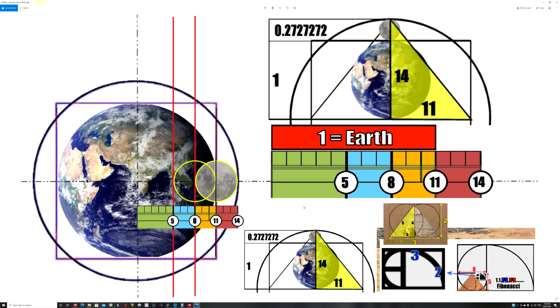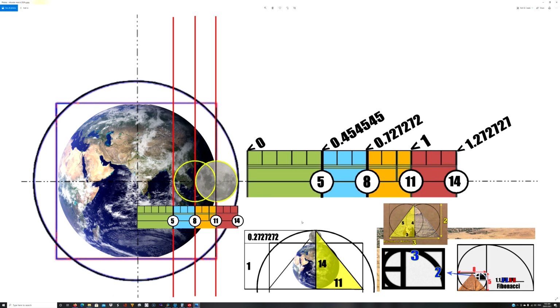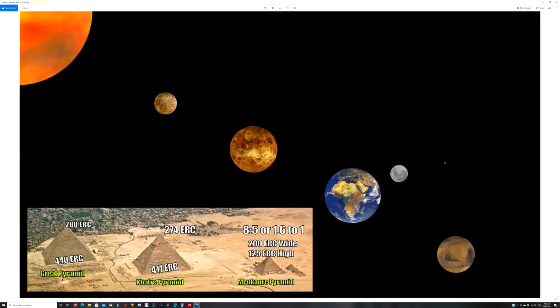So we're using Earth as 1, very much like Bode's law, and even 1 astronomical unit is the average distance from the Sun to the Earth. All right, so we have our ruler, so there are our points. So that's 11, which is the Earth, would mark as 1, and there we can see the proportions, what they would be in numerical.